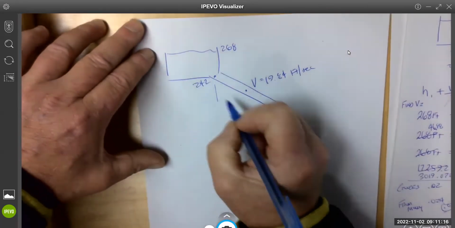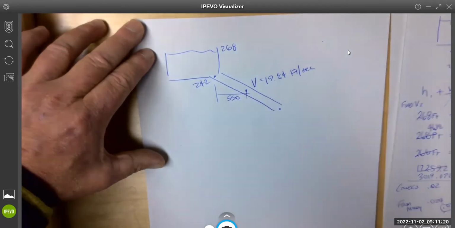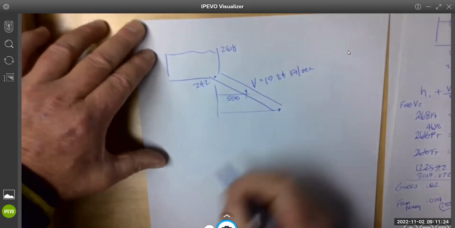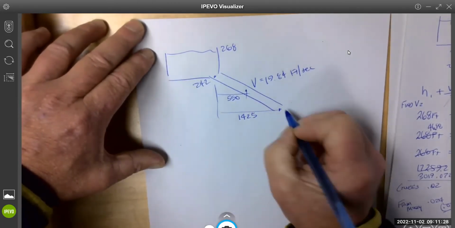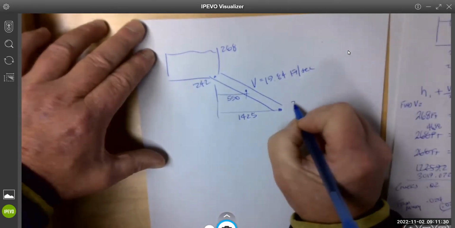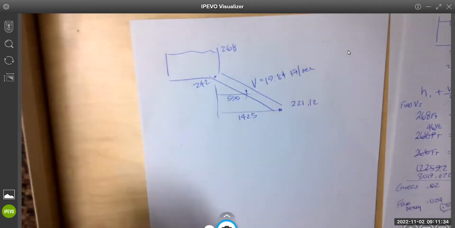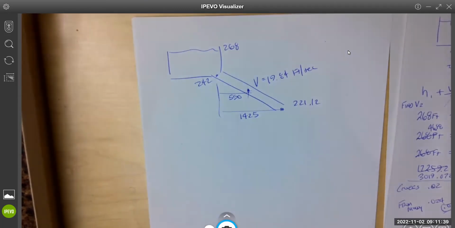We are 550 over to our point, but we don't know that spot. But we do know the length at the bottom, 1425, and an elevation there of 221.12. We kind of need all that because we need our H here at the 550 mark. So we have to do some trigonometry to get that.